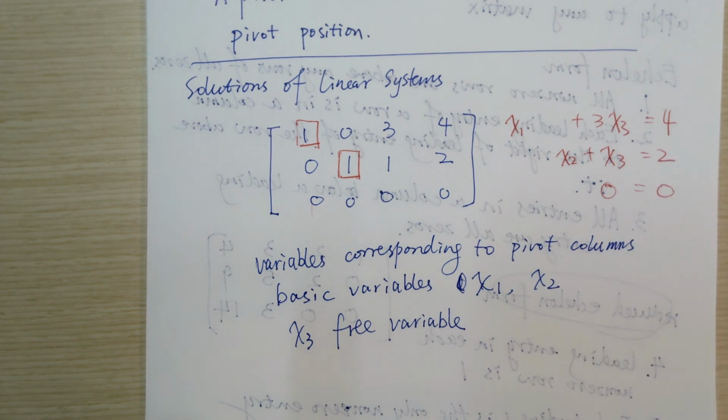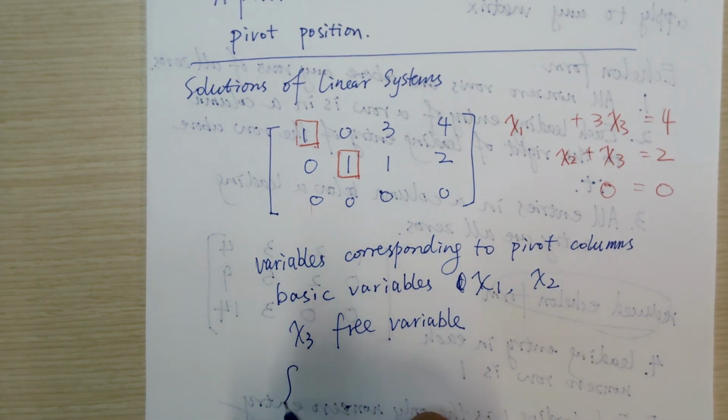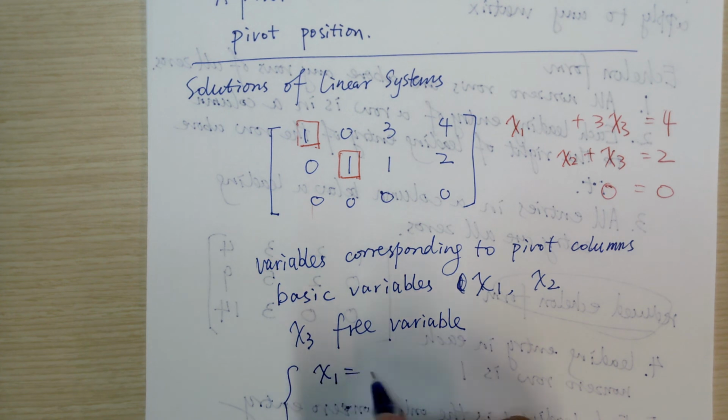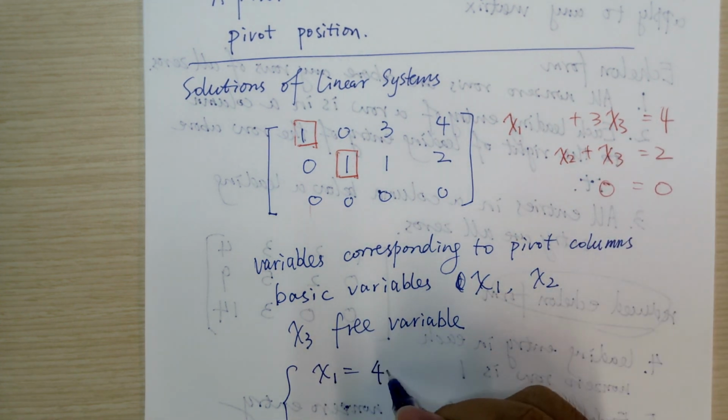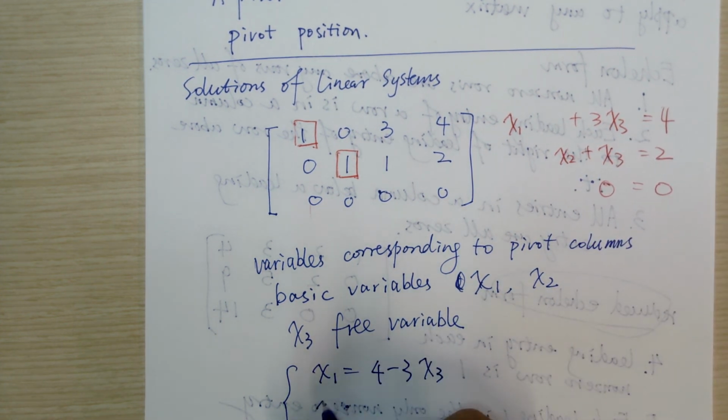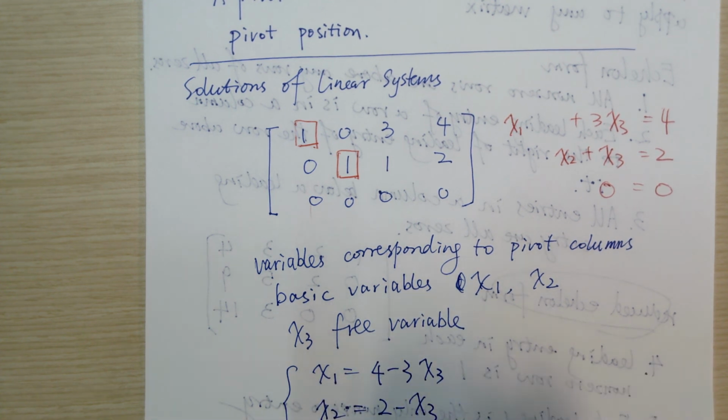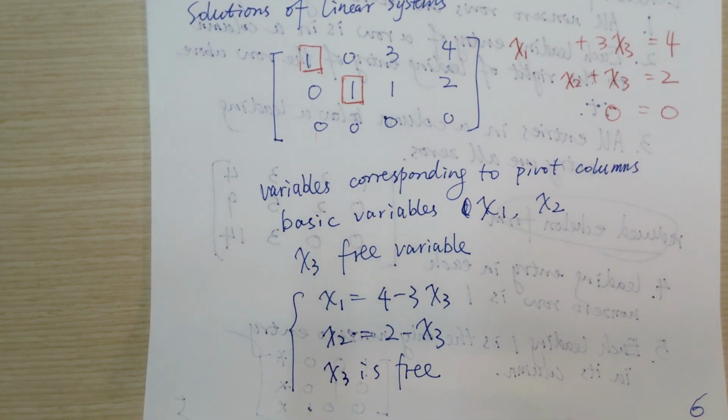So you can represent your solution as x1 equals 4 minus 3x3, x2 equals 2 minus x3, and of course x3 is free, okay, to represent your solution here, okay?